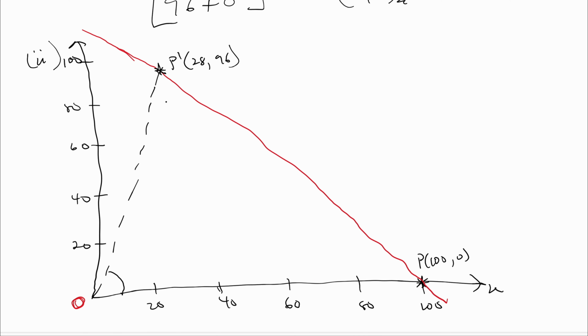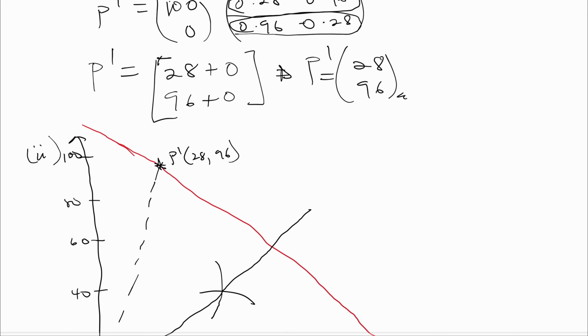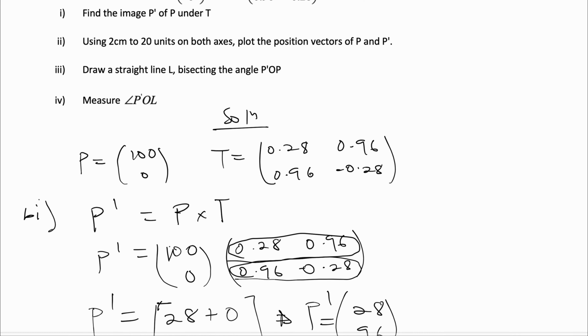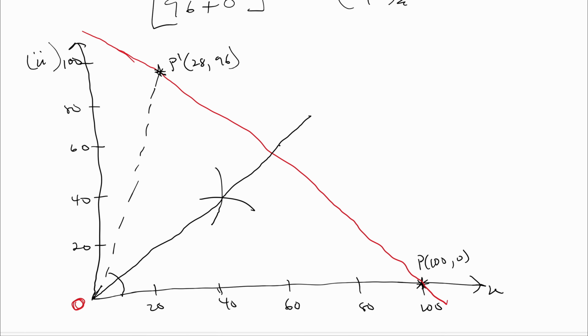So what this means is we draw a line to bisect this into 2 equal parts. We stand here, we draw an arc. We stand here, we draw an arc. And we draw a straight line through the point of intersection. So our straight line is L from the question.